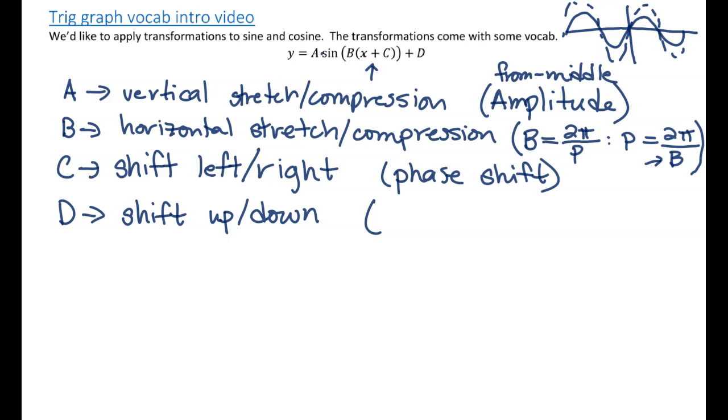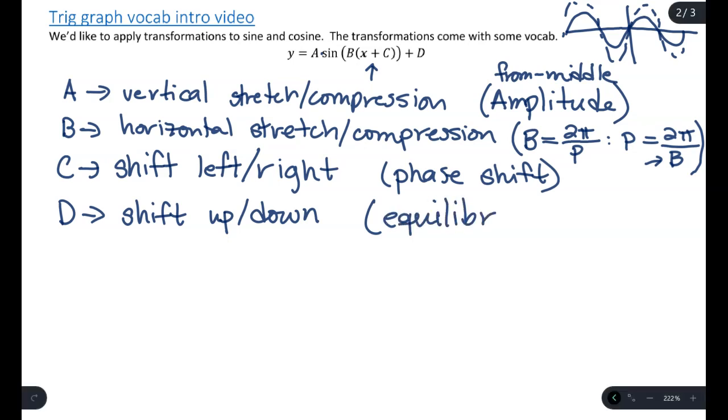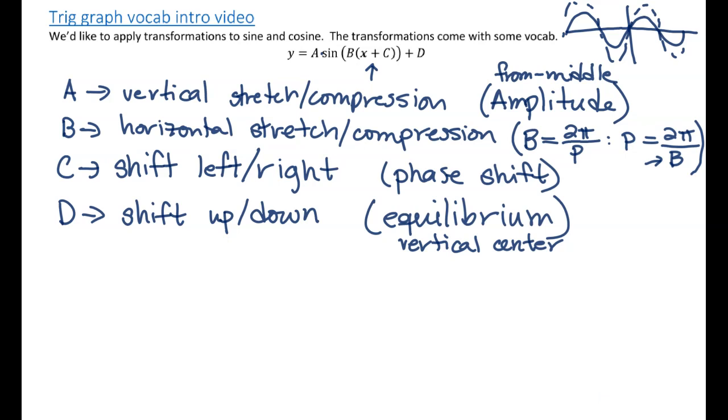If we shift up or down, it's that middle of the graph that changes, and that middle of the graph is called equilibrium. And so what I want to think there is vertical center, not horizontal, but vertical center. So where is the middle of your graph in terms of the y values? Okay, so that's our vocab list. And from here, we'll go ahead and start applying these things.